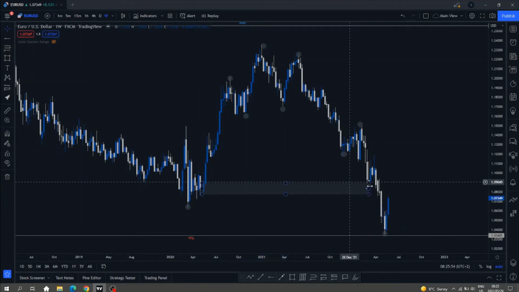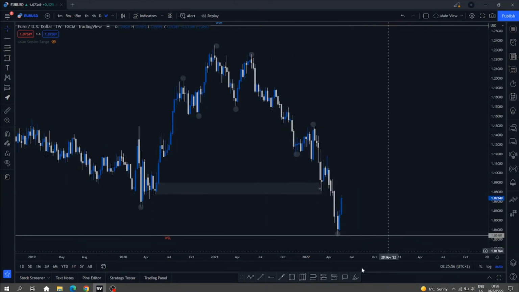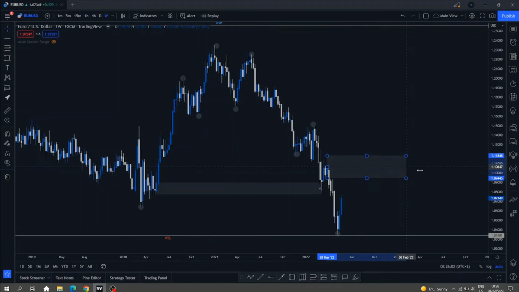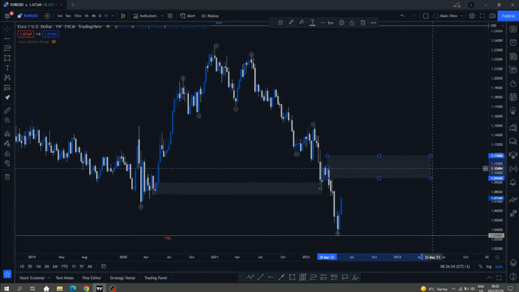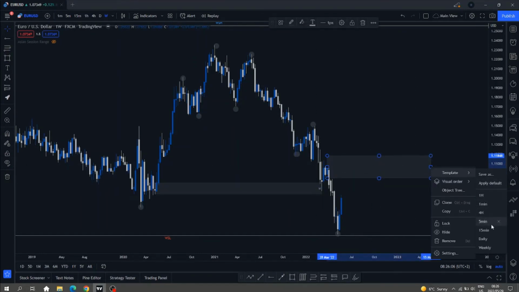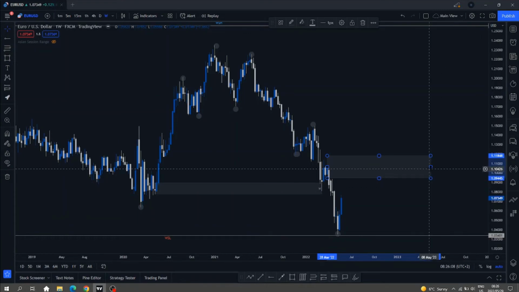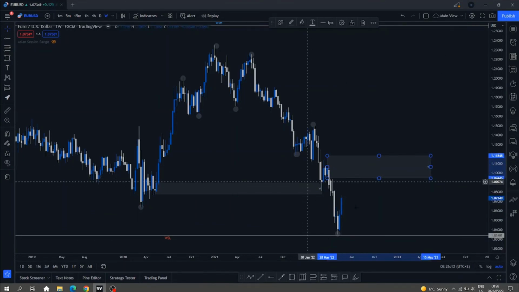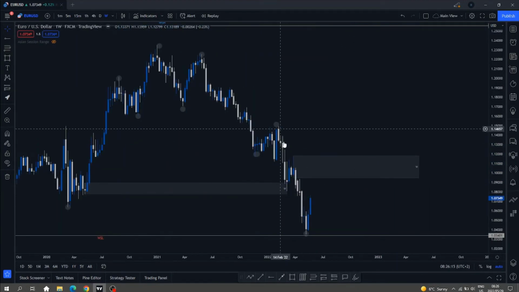However, after the reaction from that demand zone, we had what we like to refer to as a flip zone. So essentially, we had a supply zone that was formed, which was strong enough to overpower this particular demand zone, right? Because you can see the price action came in, we had that reaction, price action pushed up initially before then rolling over to push down, right?